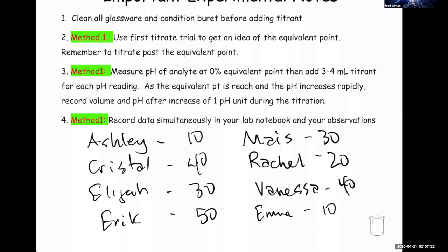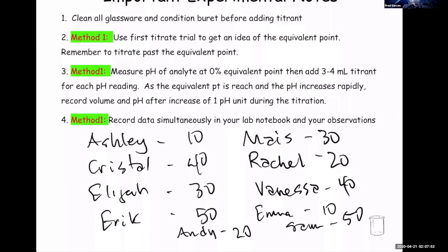And then Andy is unknown number 20. And who else am I missing? I think that's about it. Okay. That's the unknowns. Oh, Samantha. She's got unknown number 50. So those are the unknown assignments.